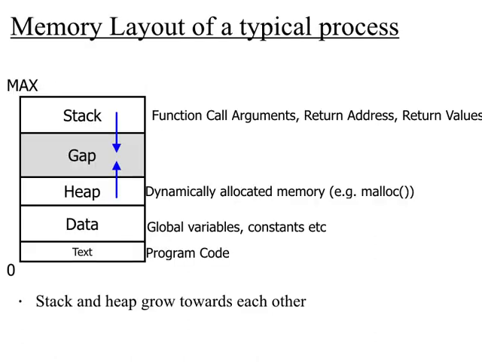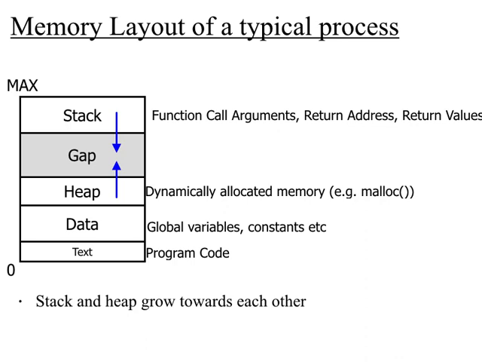Next, let's take a look at how the memory of a process is laid out. In this picture, we show the memory layout of a single process. A single process runs and, as it executes various instructions, it accesses its memory. The memory address space of a process typically has the format shown in this slide.